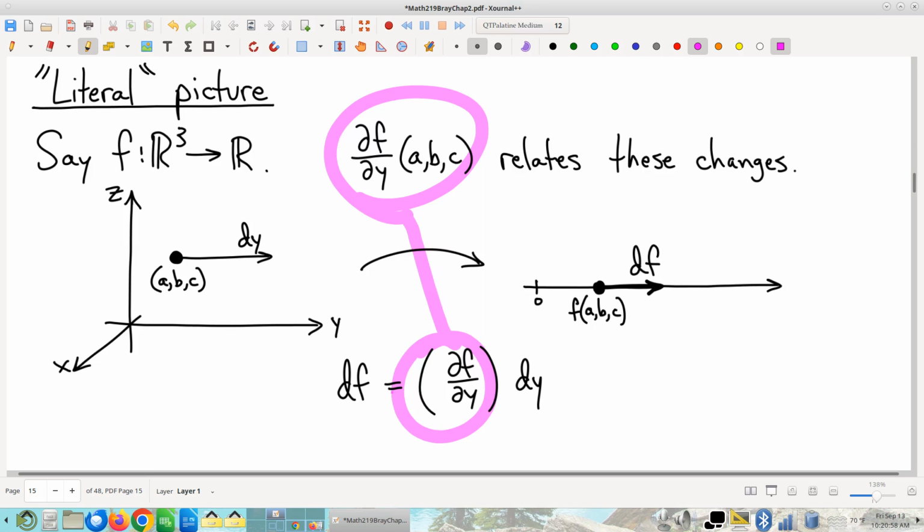Here it's a factor, right? It's not something that actually geometrically shows up in the picture itself. It's a relationship between the input change dy and the output change df. Okay. All right, so we talked about that last time.